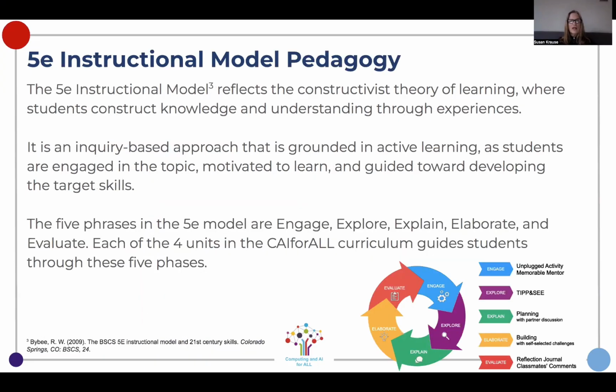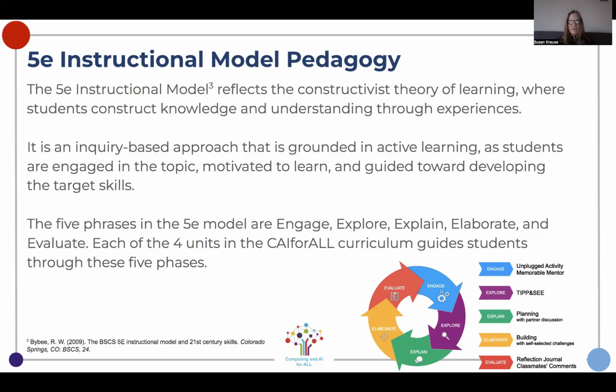The third pedagogy is the 5E instructional model pedagogy. This pedagogy reflects the constructivist theory of learning, where students construct knowledge and understand it through experiences. It is an inquiry-based approach that's grounded in active learning as students are engaged in the topic, motivated to learn, and guided towards developing the targeted skills.